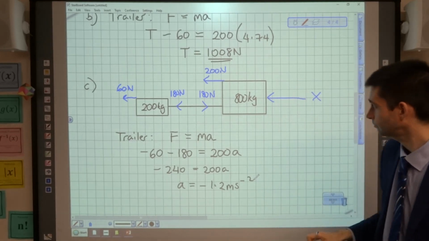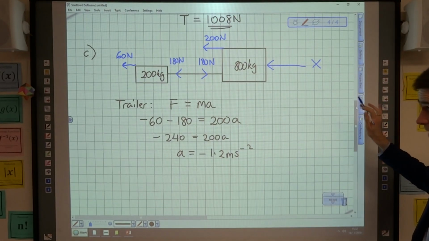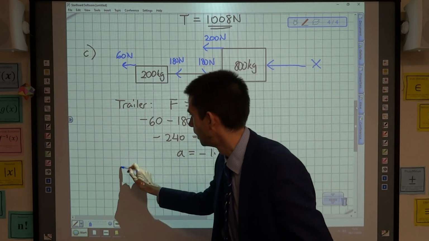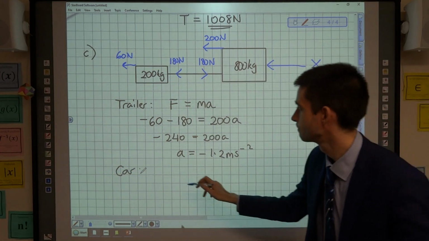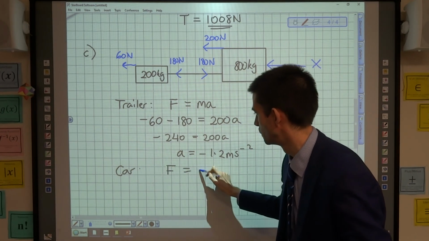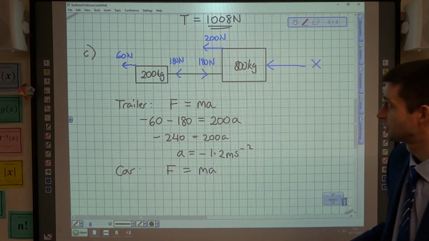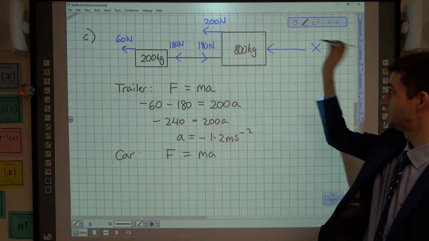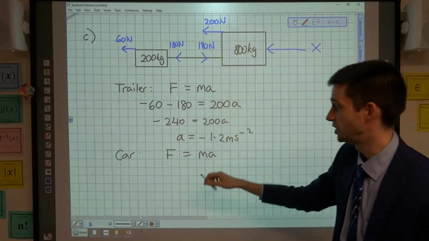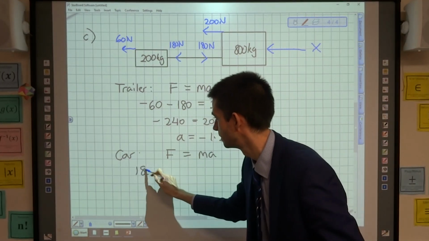So what I'm now going to do, now that I know A, the acceleration, is set up a resultant force equation for just the car. So resultant force equals mass times acceleration. Now in the positive direction, the direction of motion, which is this way, I've got this 180 Newton force here, so that's a positive.